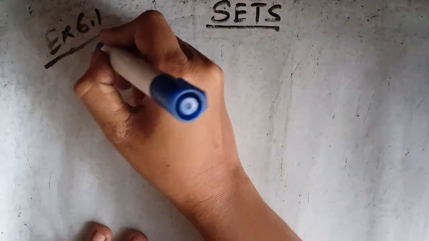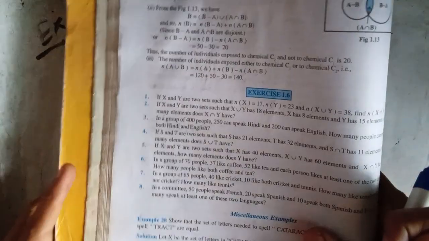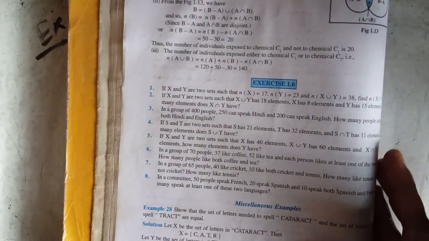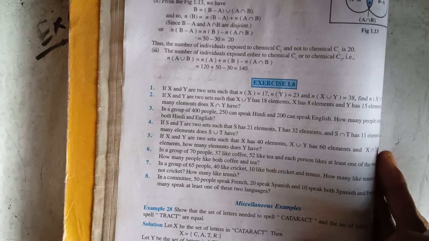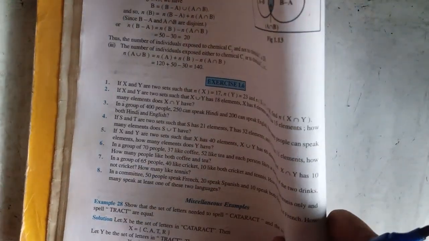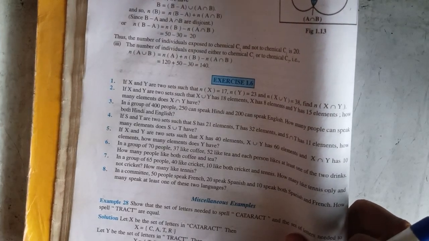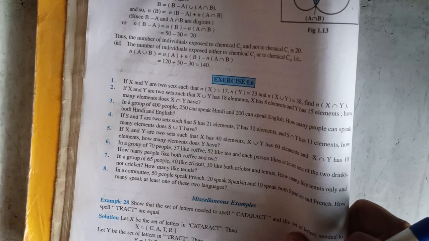Next question, question number 3. In a group of 400 people, 250 can speak Hindi, 200 can speak English. How many people can speak both Hindi and English?